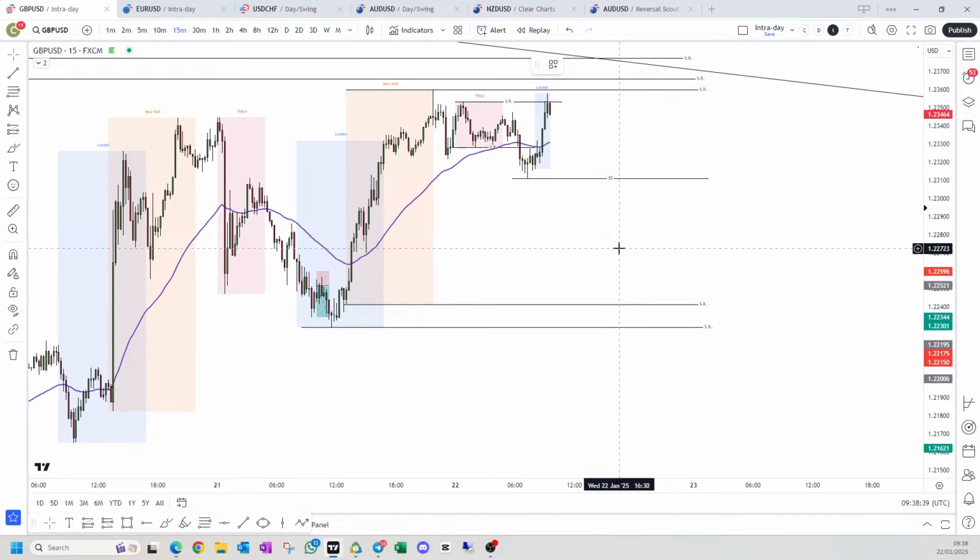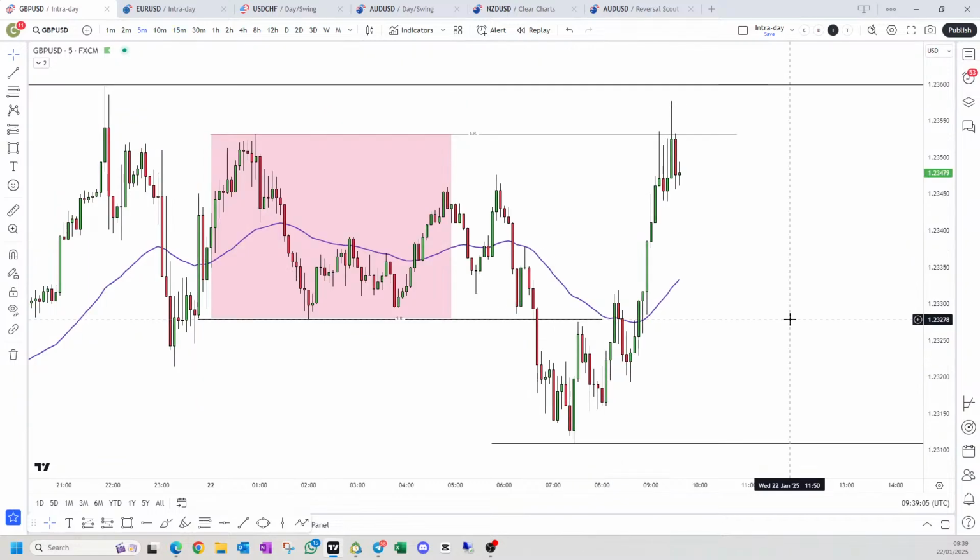Okay, so what I'll do as well is I'll just plot the Asian range. Like that, which had a range of 25 pips, consolidating, got swept.